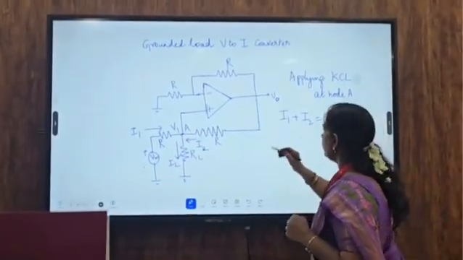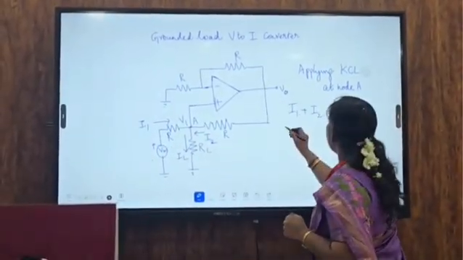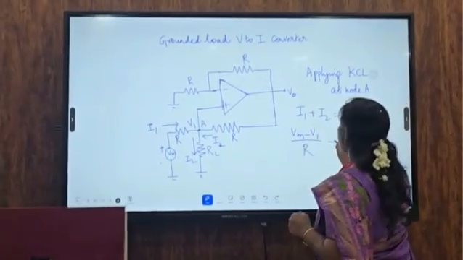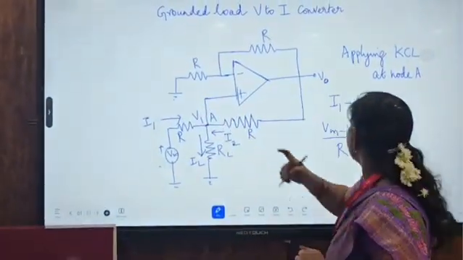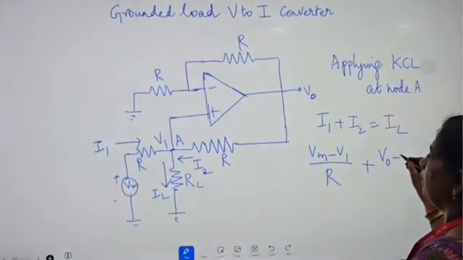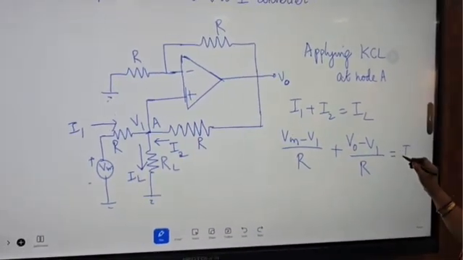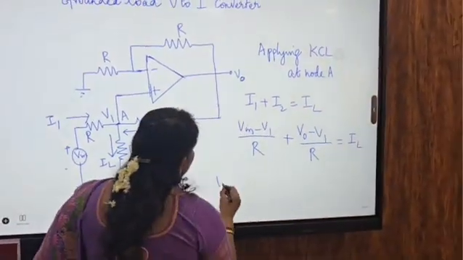Now let us write what is I1. I1 is equal to Vin minus V1 by R. And I2 is V0 minus V1 by R. The sum is equal to IL.